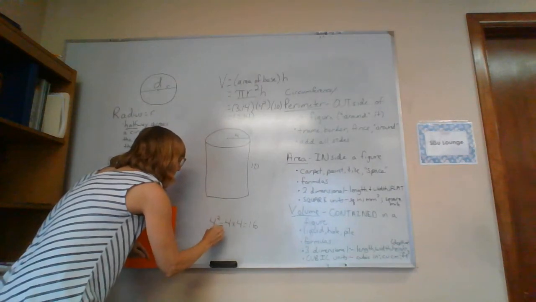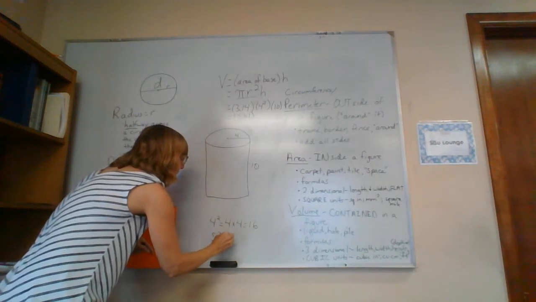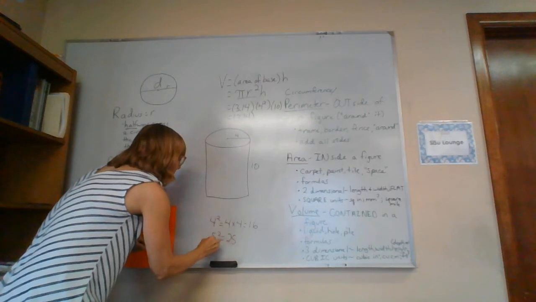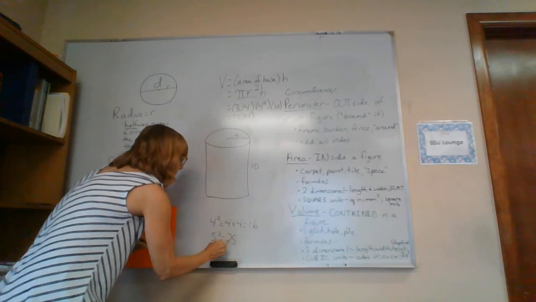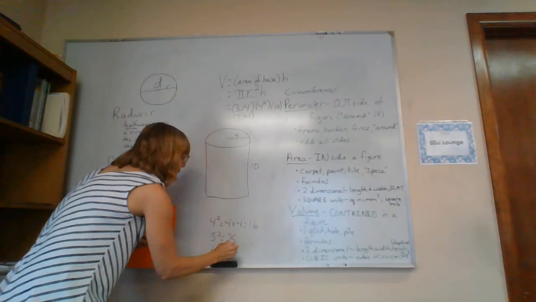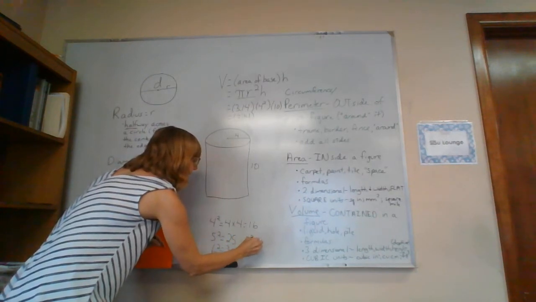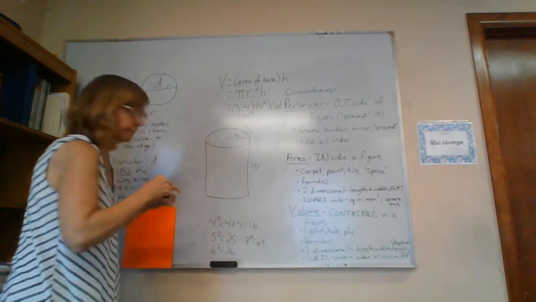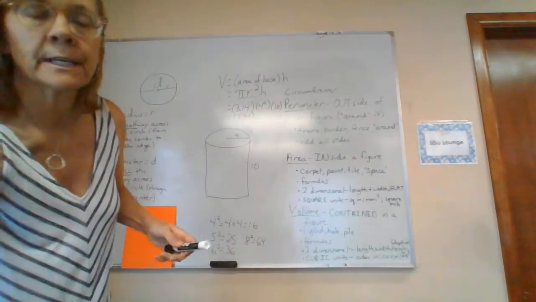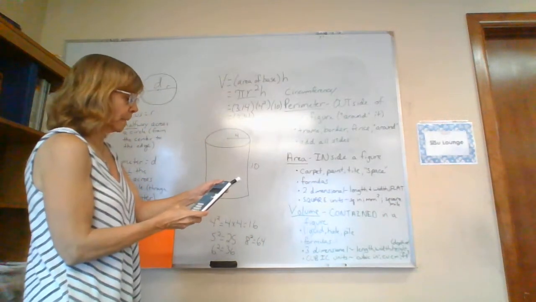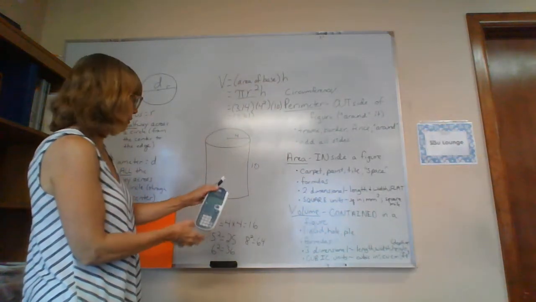What would be 5 squared? 5 times 5, 25. What is 6 squared? 6 times 6, 36. What is 8 squared? 8 times 8, 64. It's important to understand the exponents, but on the test, certainly, you could use your calculator.